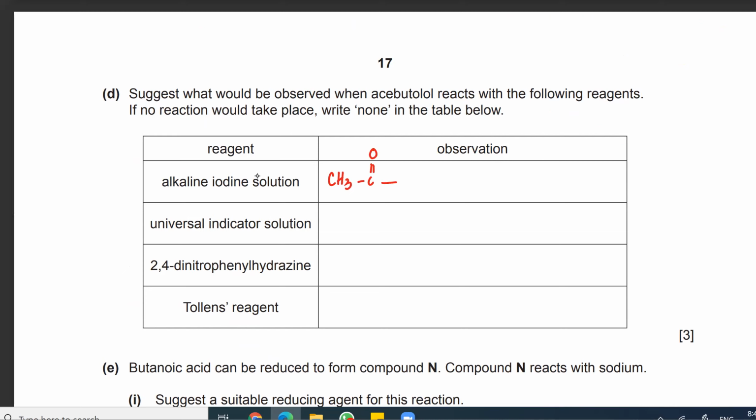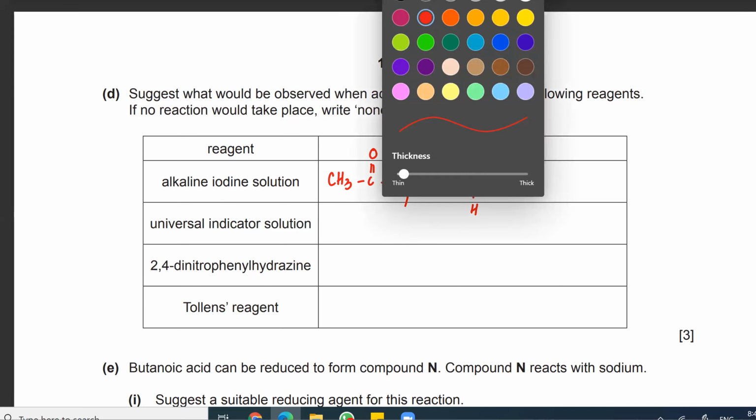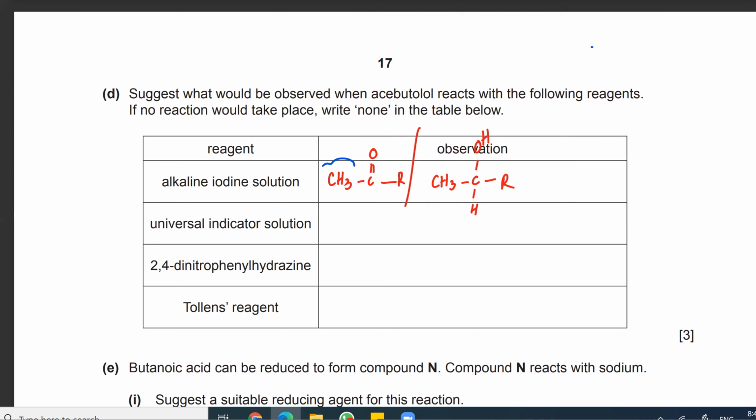There were two structures: this one, where this could be R, and the other one was a test for an OH, for an alcohol. In both cases, the CH3 part would break away and form a yellow precipitate of CHI3.